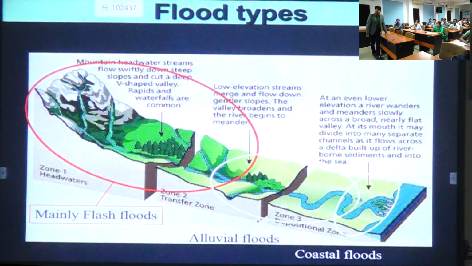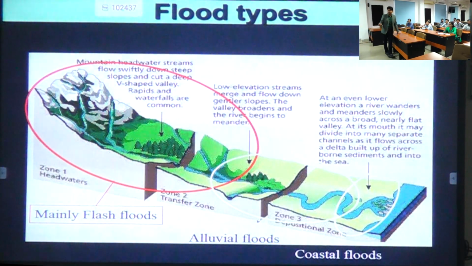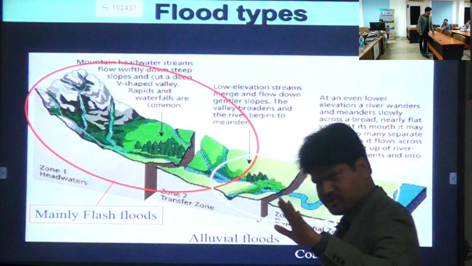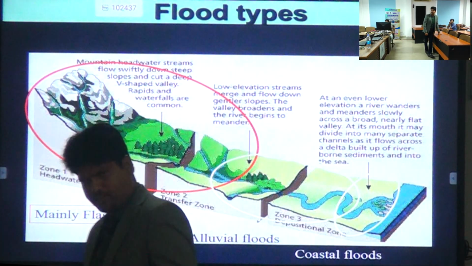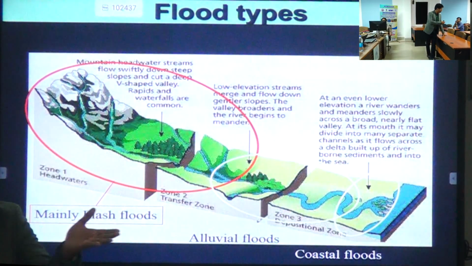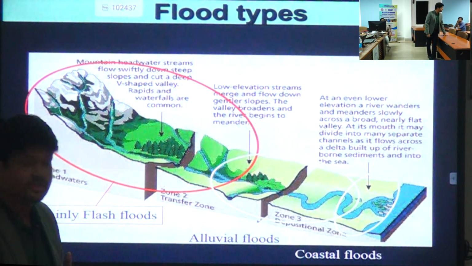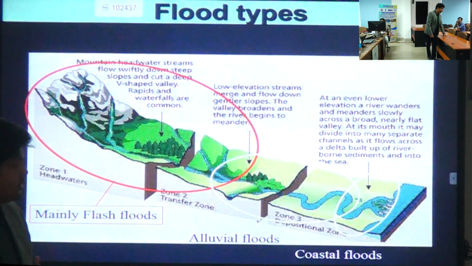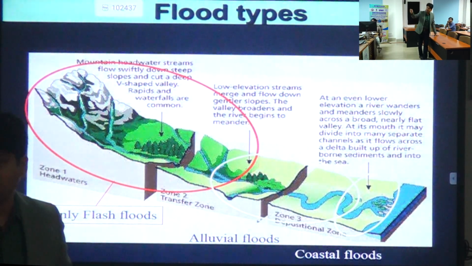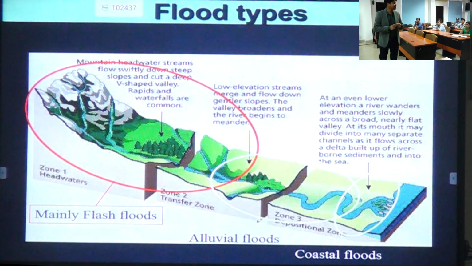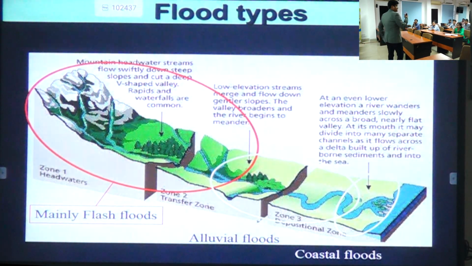Once you go down through Uttarakhand and Uttar Pradesh, the Ganga flows through and finally reaches the place we call Bangladesh. There they don't call it the Ganga, they call it the Padma River.